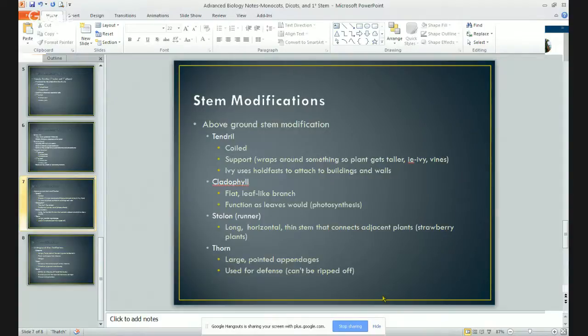So that's another thing that can come out. The next above ground modification would be a thorn. Obviously, they're very pointed. They're there for protection for the plant.